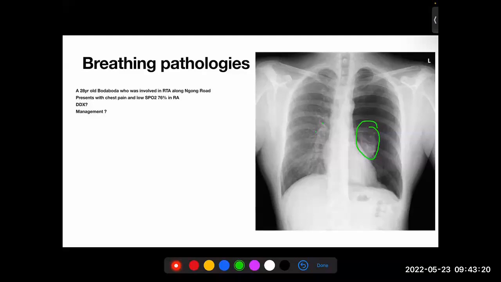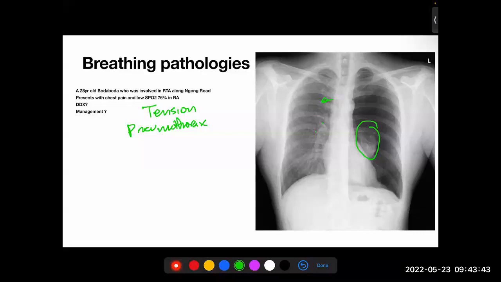Yes, thank you. What kind of pneumothorax is this? Tension. Why do you say it is tension? Because the trachea is pushed this side, so there is a shift of the mediastinum. So our diagnosis is tension pneumothorax.